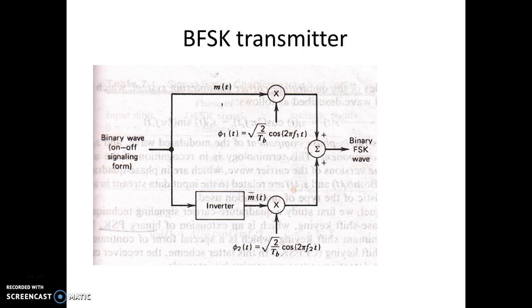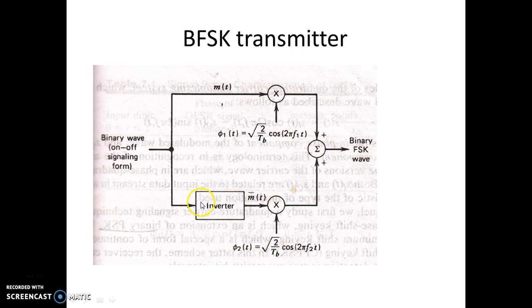This is a diagram of a BFSK transmitter. The incoming signal is in on-off signaling form. On-off signaling means for symbol 1 it is plus 1 volt, and for symbol 0 it is 0 volt. So 1 goes to these two branches. On this branch it gets multiplied with the basis function having frequency f1, so you have frequency f1 as output of this multiplier.